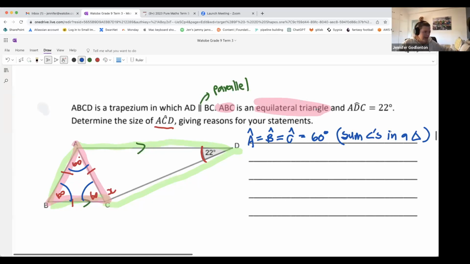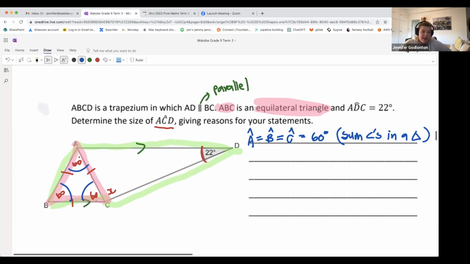How are we going to find X? Int means interior. You could say sum of interior angles. So Siamtanda, if we are wanting to use sum of angles in a triangle to find X, we would have to find another angle first.